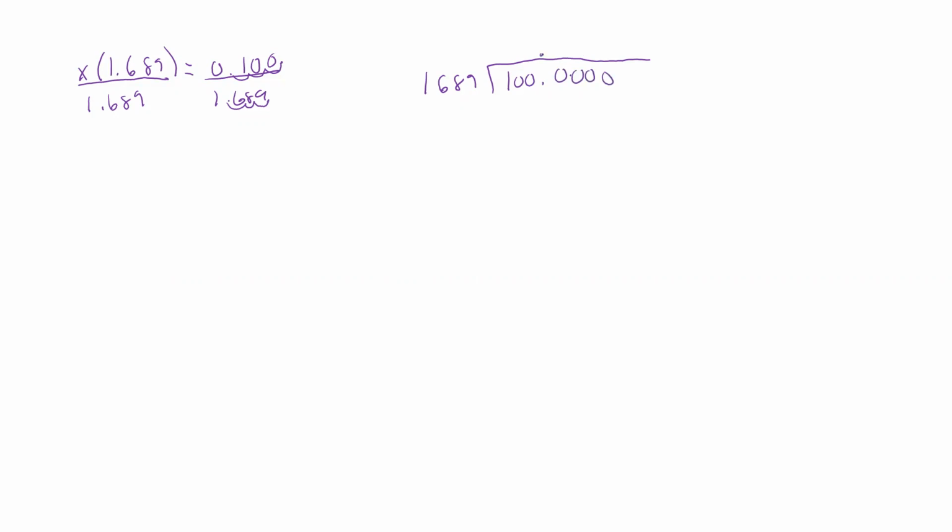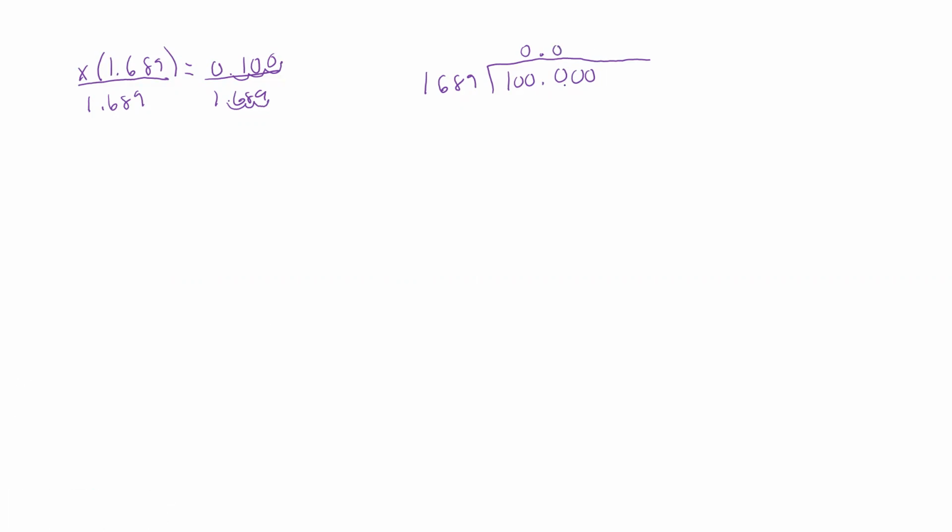Okay. And so since it's a whole number, we're going to have to go out 3 decimal places. And so we really don't need that 4th 0 there, so we only need 3 zeros. So if we do this, 1689 does not go into 100, so it's a 0. Now it doesn't even go into 1,000, so that's a 0.